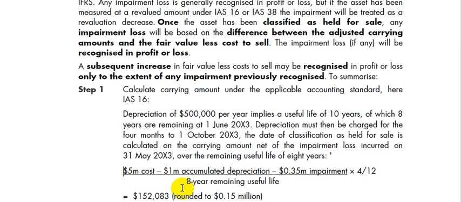Under IAS 16, when an asset is impaired, you now depreciate it over the remaining life. So it was impaired after 2 years, so now depreciate it over the remaining life, which is 8 years.